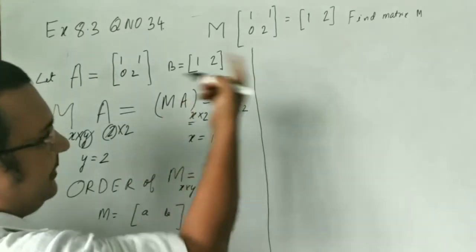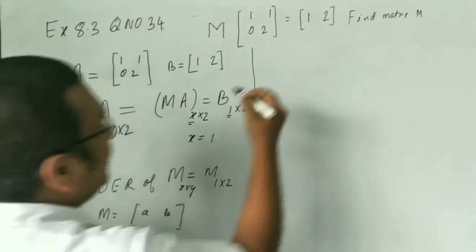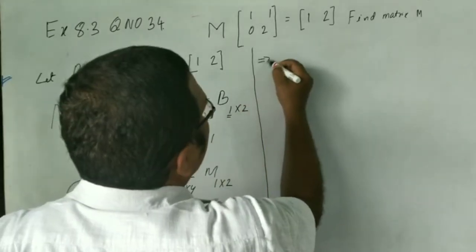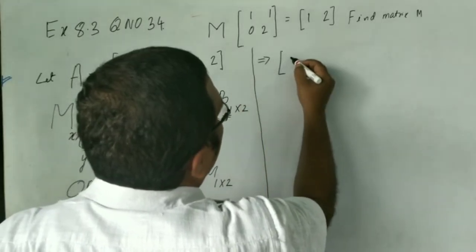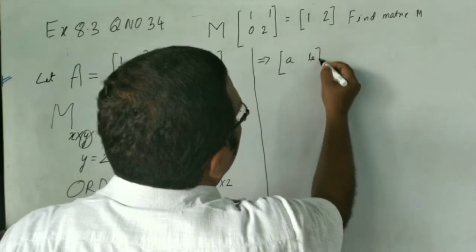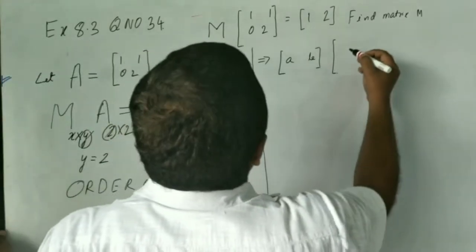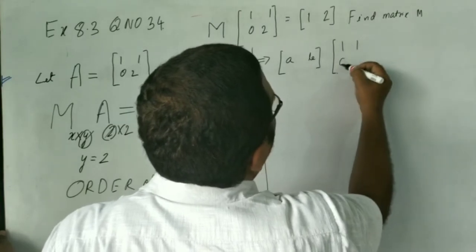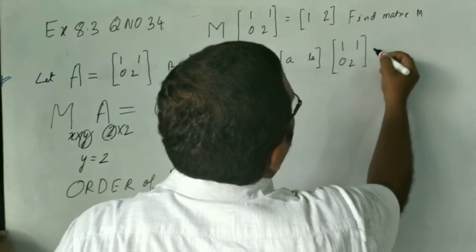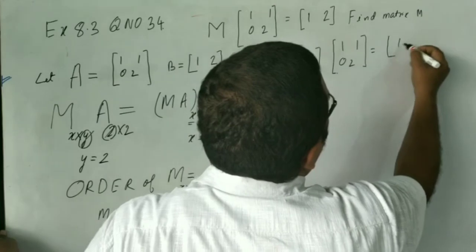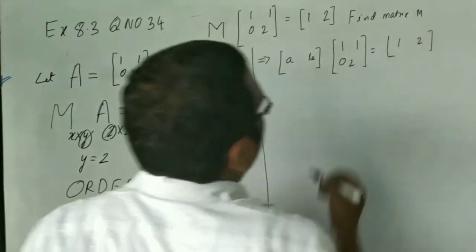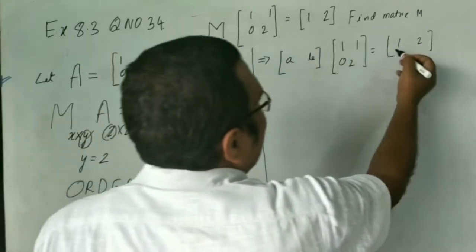Now we have to find this matrix. So we will write here now [A, B] times [1, 1; 0, 2] is equal to [1, 2]. So this is what?